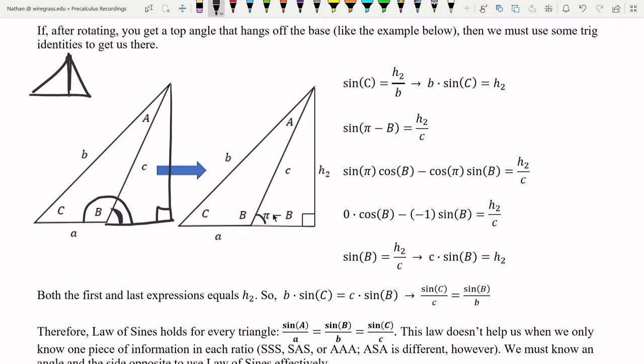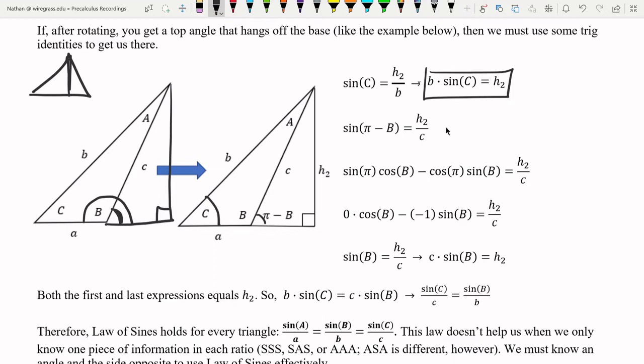That's what I have here, pi minus b. And doing sine on C, this angle here, this is a right triangle. Sine of this big right triangle here is going to be opposite, which is H2, over the hypotenuse, which is B. And rearranging that, we get this statement.